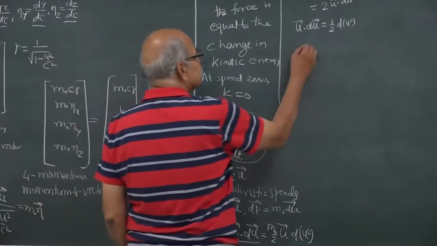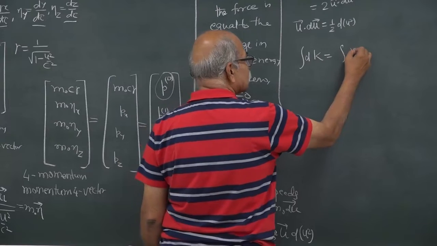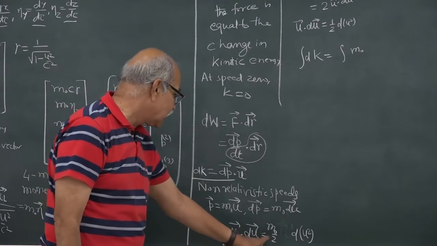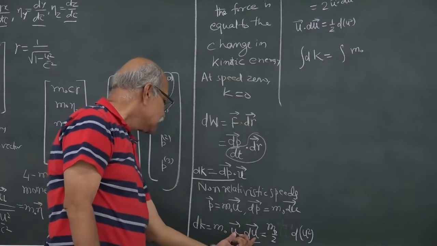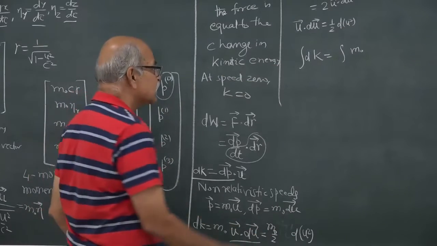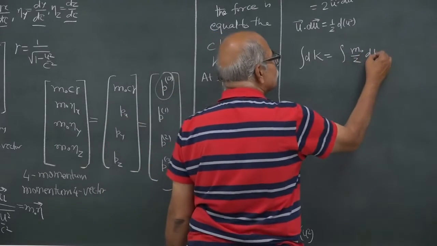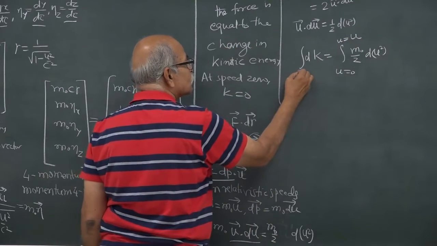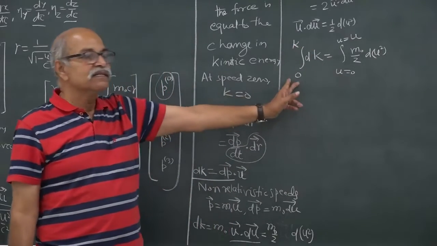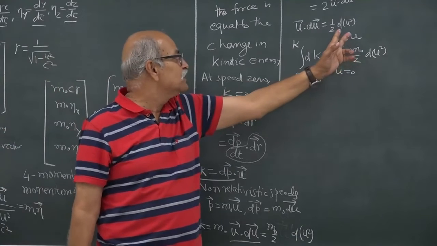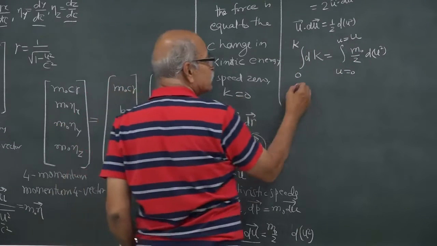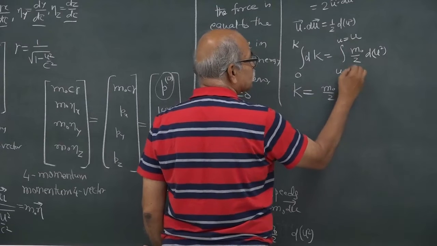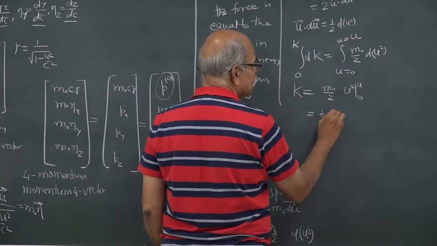So, we integrate this expression dK, and this side is m naught by 2 and d of u square, u going from 0 to u, and kinetic energy will go from 0 to K. At u equal to 0, kinetic energy is 0 by definition, and then when the speed is u, the kinetic energy is K. So K is equal to m naught by 2 times the integration of d of u square, which is u square, and you put the limits u equal to 0 and u, and that is half m naught u square.